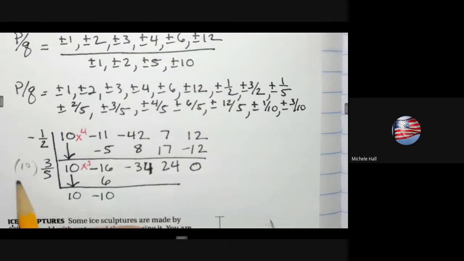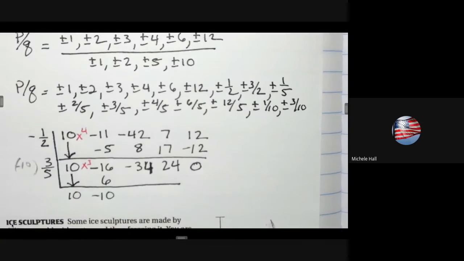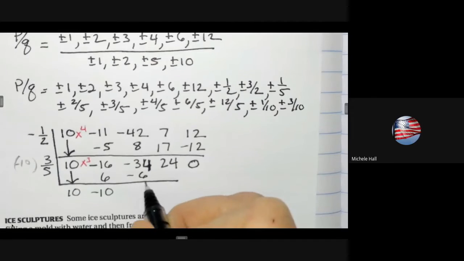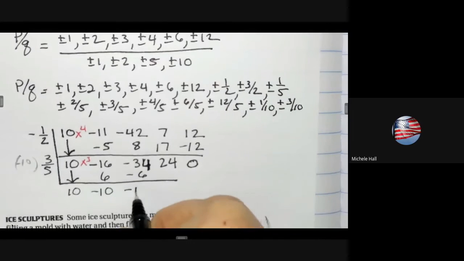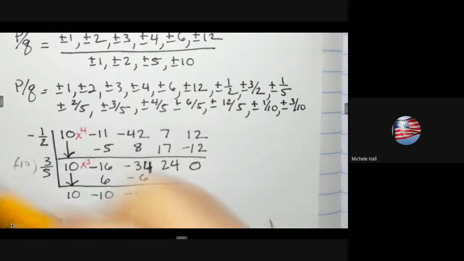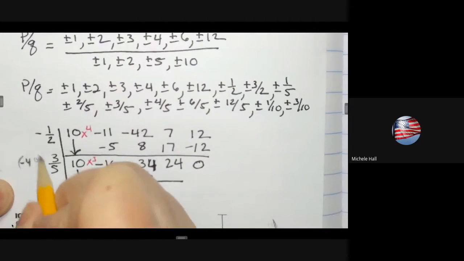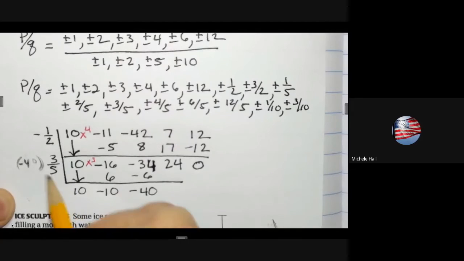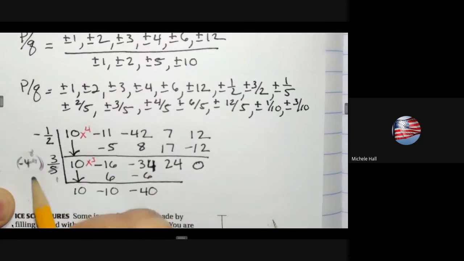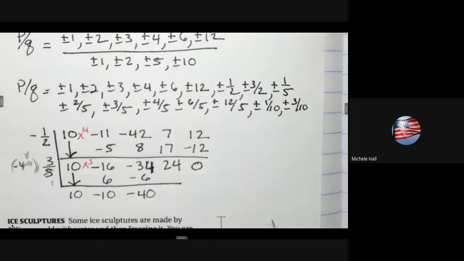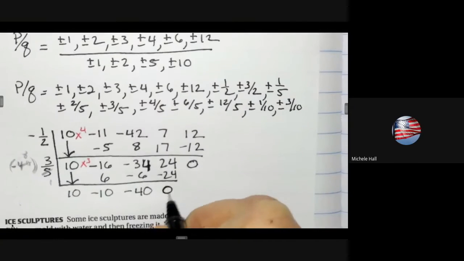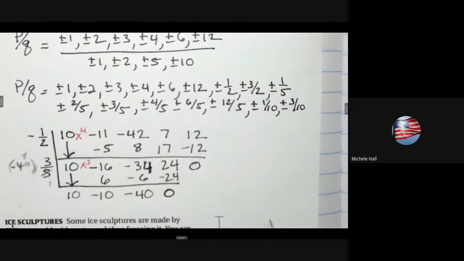And so -10 times 3/5 will be a -6. We get -40. And then -40 times 3/5. These would cross cancel, so divide by 5, and we get -24. And there's the 0. So 3/5 works.